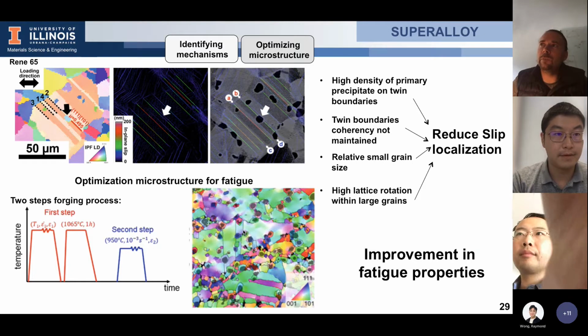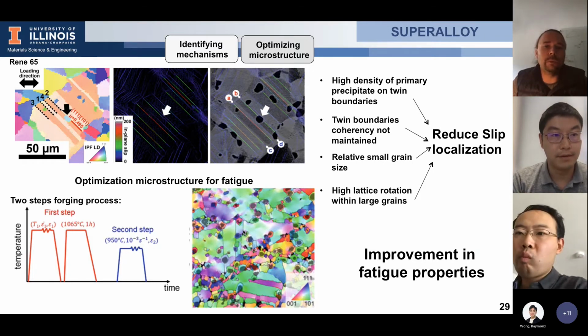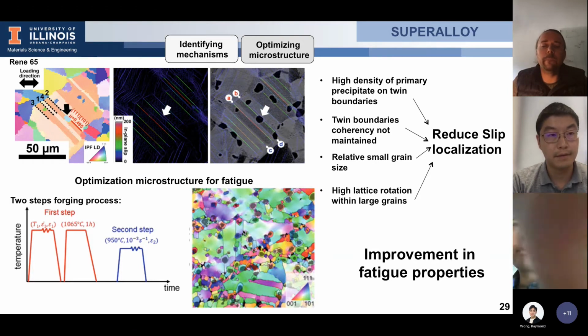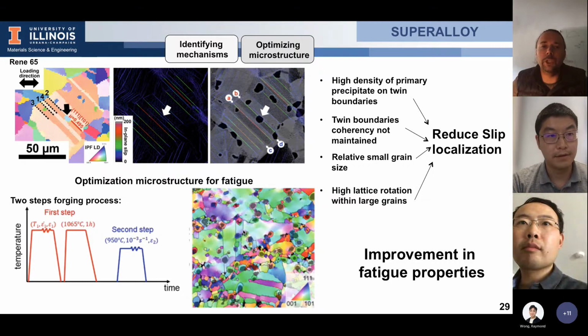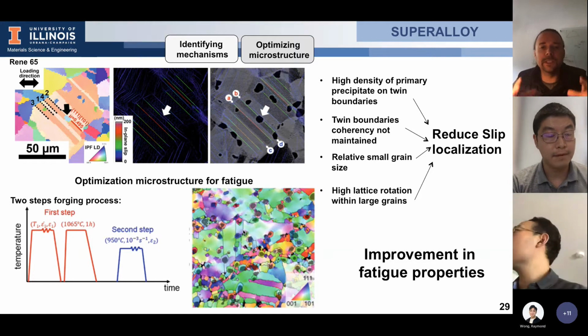At the surface, we basically use the extrusion, but the localization is probably very similar inside the material. But indeed, the initiation may not be similar inside the material. It's not exactly the same mechanism. But the plasticity you observe at the surface is very similar to what you observe inside the materials.